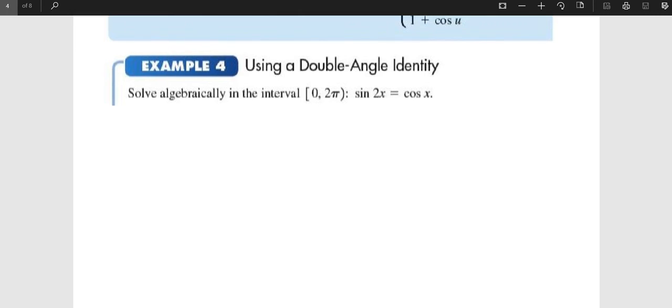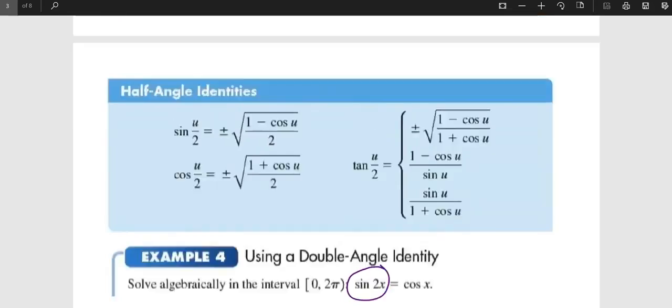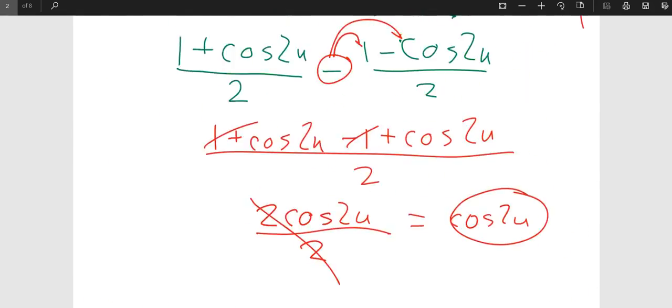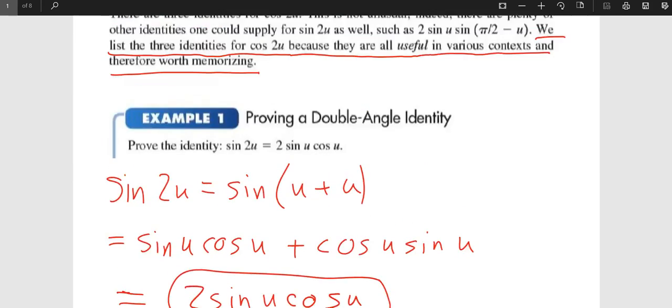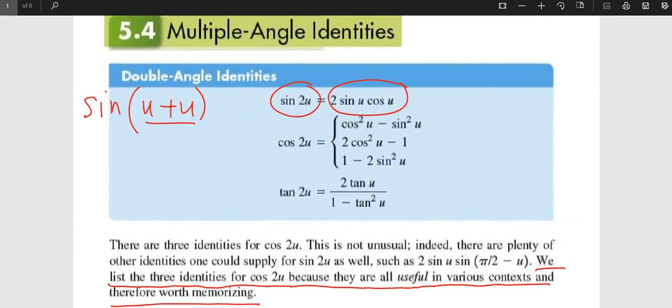Okay, so your hint for what you need to replace this with, well, maybe I should ask, how many choices do you have? 2. 3. How many choices did we have for the double angle sine 2x? 1. Didn't we only have one choice in the red there? I believe so.